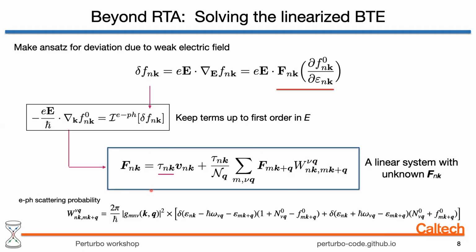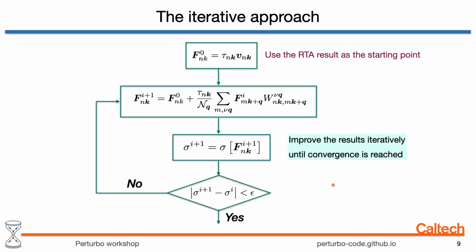So as I said, this is a linear system and a linear equation, and so you could really use any sort of technique you want to use to solve this linear equation, but in Perturbo, we use an iterative approach. So in this iterative approach, we start with an initial guess for the capital F, which we take to be the RTA result.